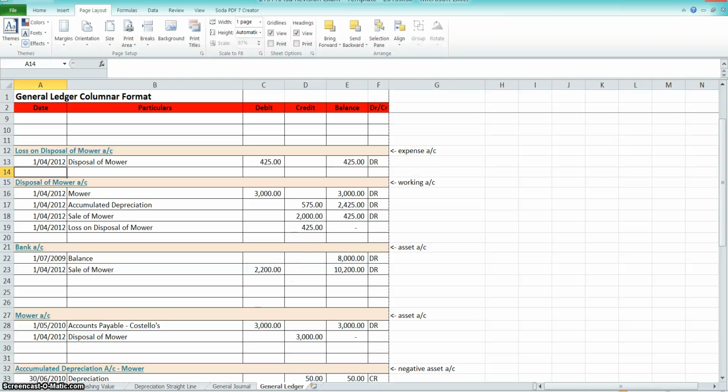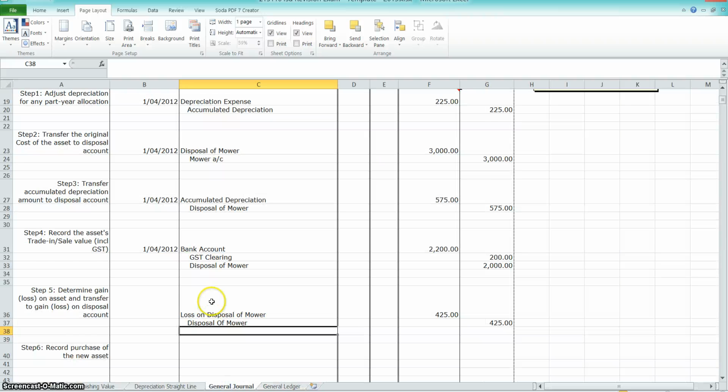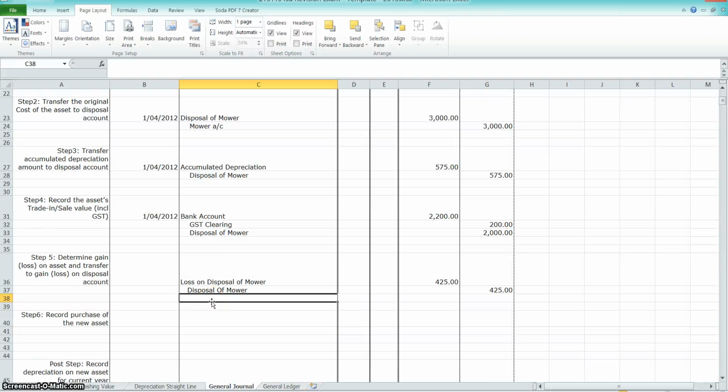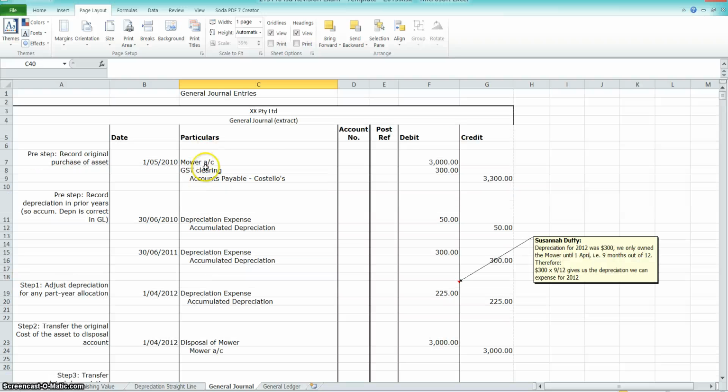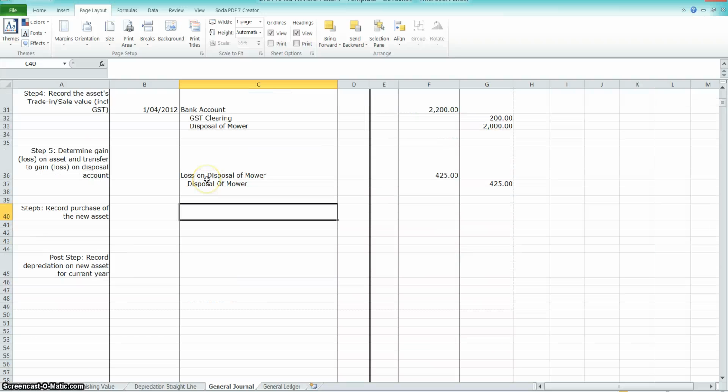So if we look at the next step, we're going to record the purchase of the new asset. So the same accounts as you would have used at the beginning. So mower account. So you'll have your asset account, mower account, GST clearing, and then we need to check whether we paid in cash for it or on credit.